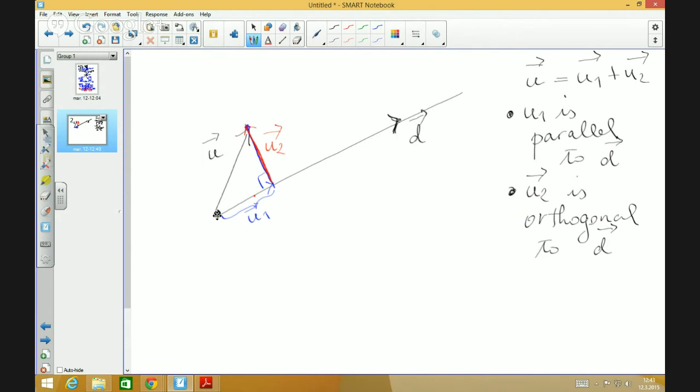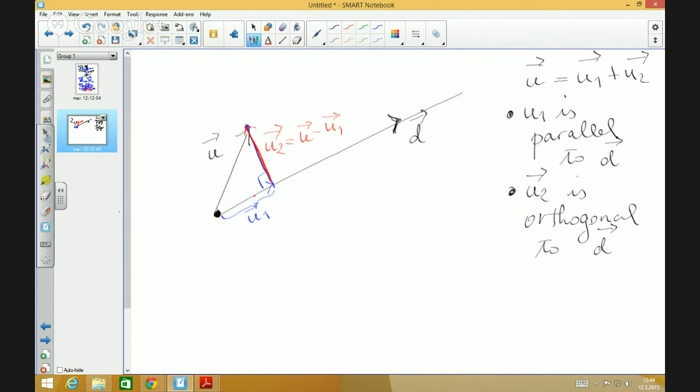So in fact, u2 is nothing but u minus u1. This sort of looks intuitive. So the only thing we are left to do is to compute this vector u1, because once we have u1, we had u already, we can also compute u2.